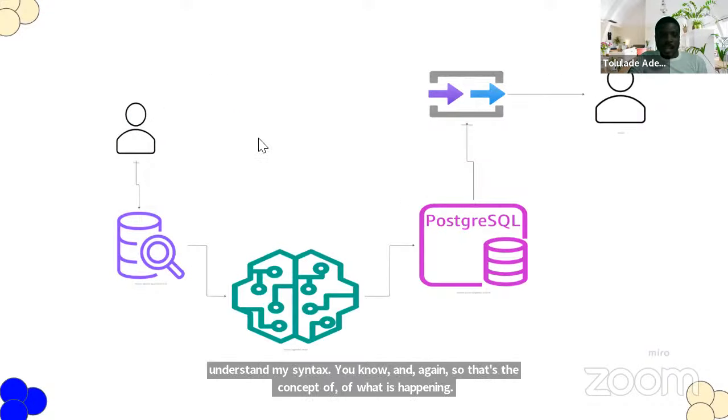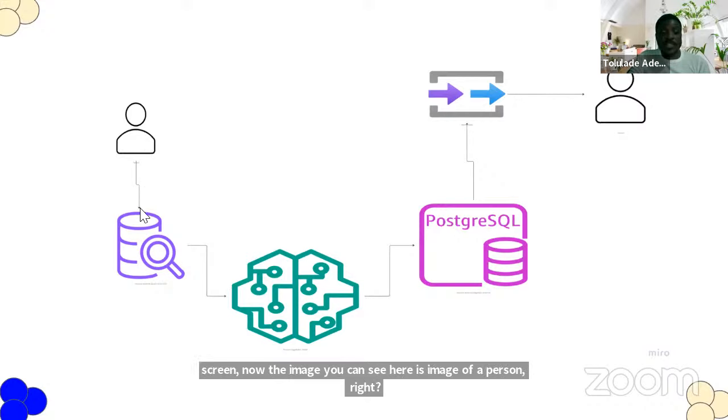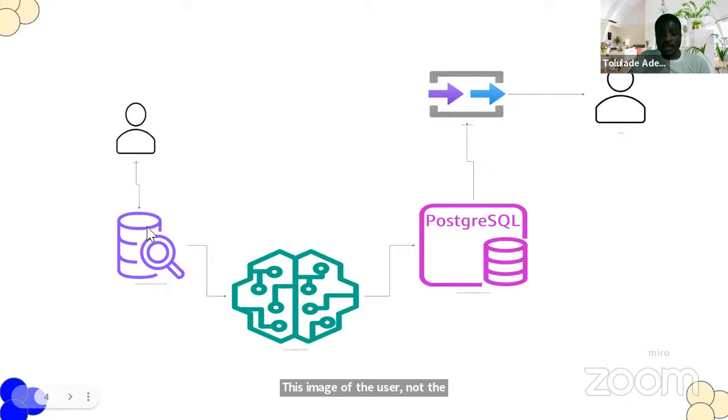All right. Now, as you can see on this screen, the image you can see here is the image of the user. The user here fills in an input to perform a particular query, and this query passes on to the model. For example, you can have a series of models. In the next couple of slides, I'll talk about model selection, in terms of selecting an appropriate model to use depending on your use case scenario.